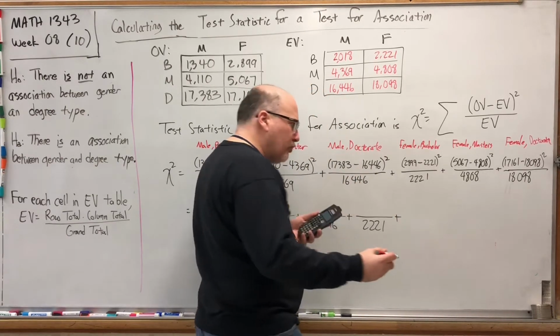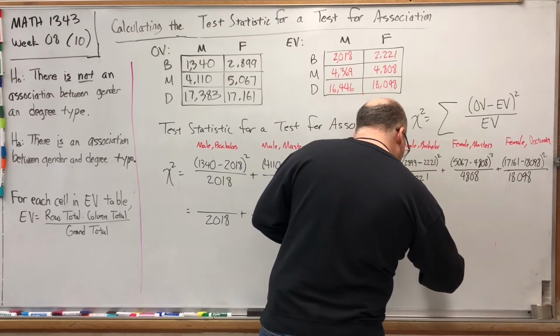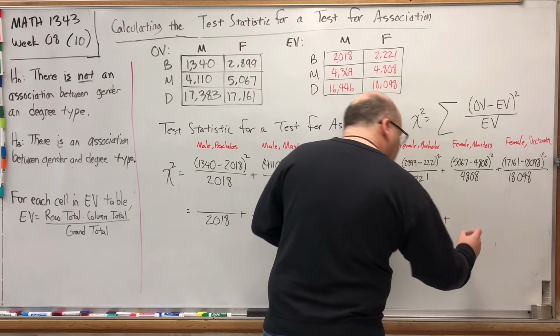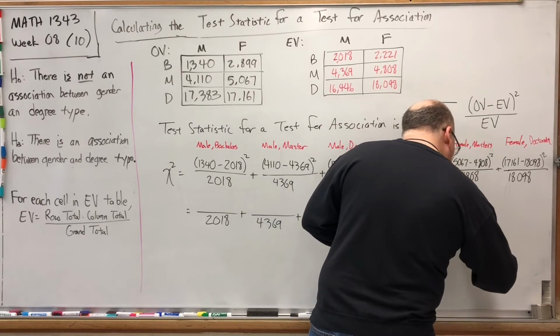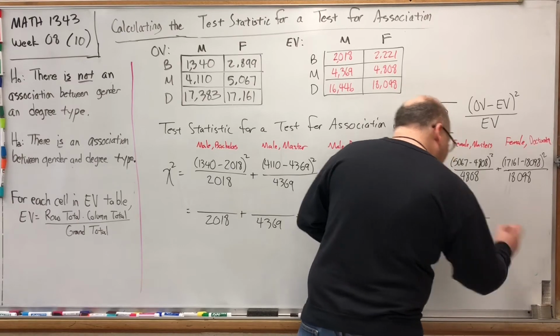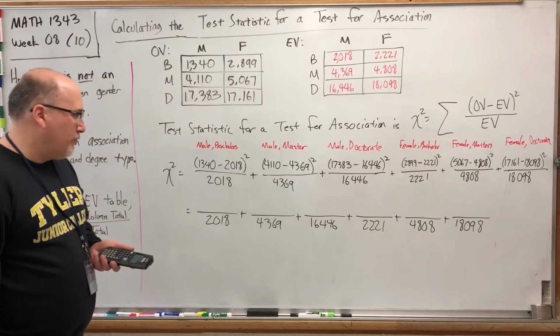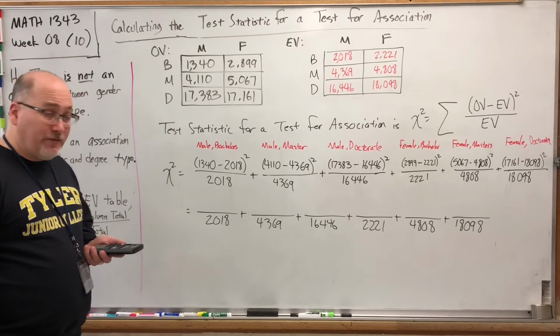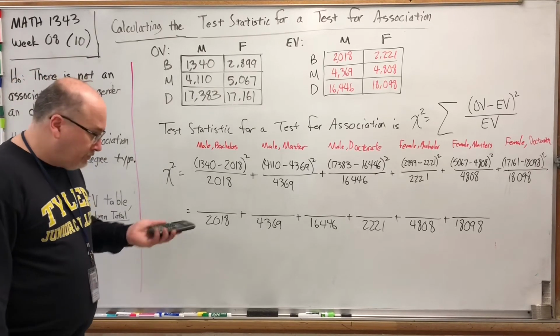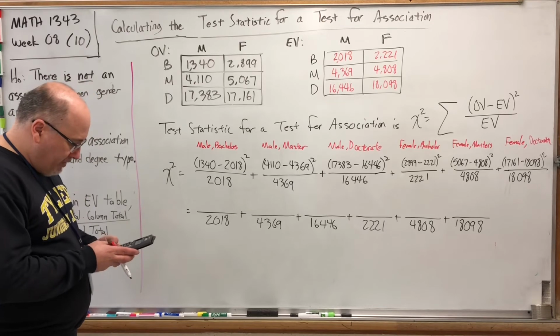The more keys you press, the more chance you have of pressing one incorrectly. But at the same time, you don't want to do exactly one calculation at a time, because then it'll take you forever. So I think the compromise to streamline the process is to calculate the numerators first, rewrite the expression, and then finish it off.